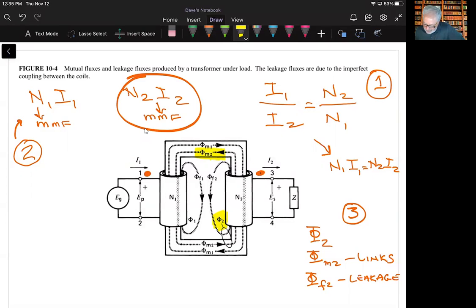A portion of that is linking, it's mutual, and then the other part of that, this is the other component of the total flux, okay? And it is not linking, and it's what we call leakage. It's lost, so to speak, and because it comes from the secondary side, we call it secondary leakage flux.